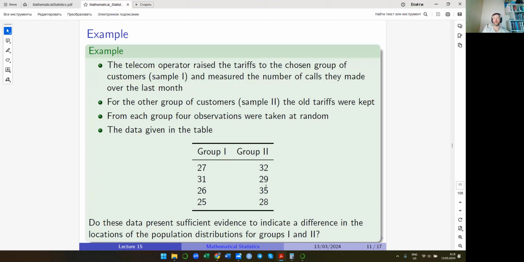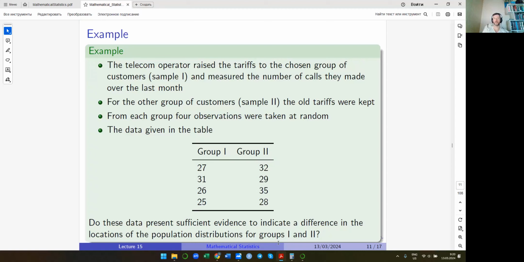If we find that group 2 and group 1 differ in their distributions, and specifically the group 1 distribution is shifted to the left, well, we may claim that the demand is elastic and raising tariffs negatively affected our revenue.